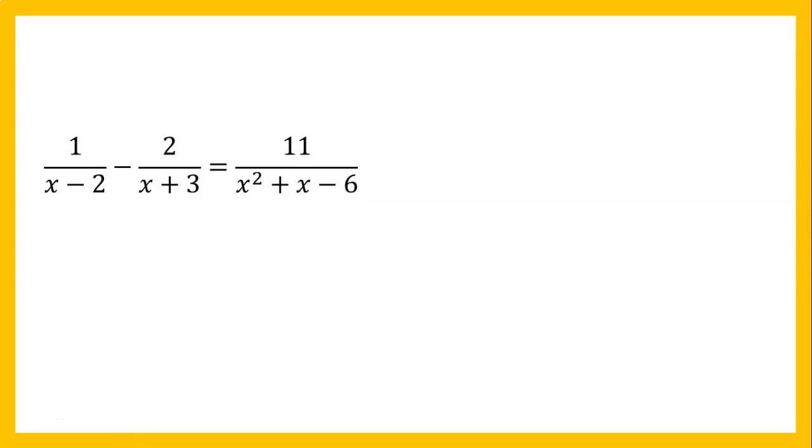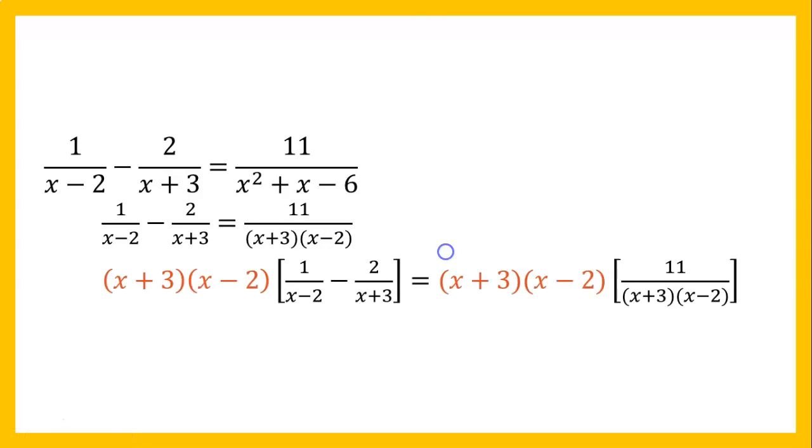Pause the video if you want to take the time to work it out. It factors into x plus 3 times x minus 2. So if we want something that's divisible by all three of these denominators, we can just use x plus 3 times x minus 2. So that's what I'm multiplying by on both sides of this equation.